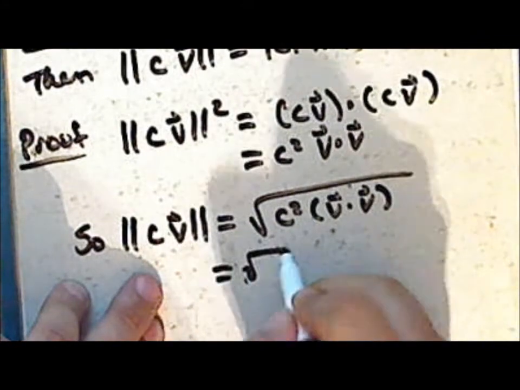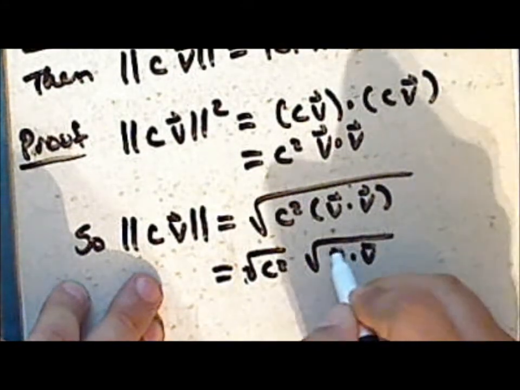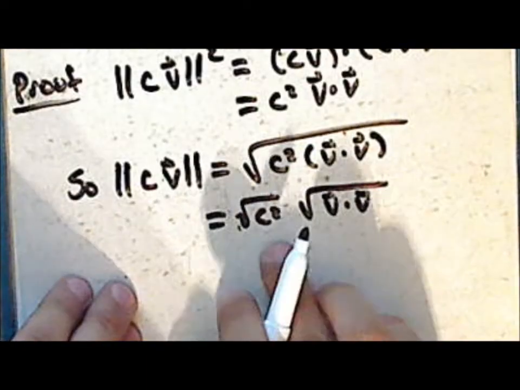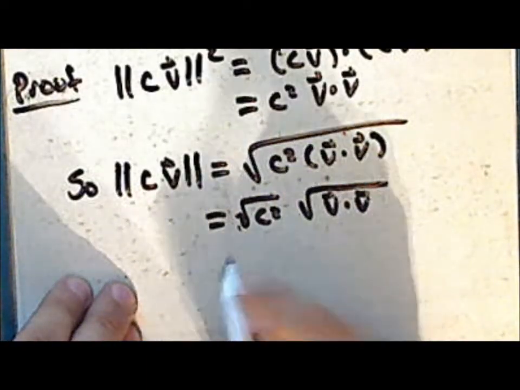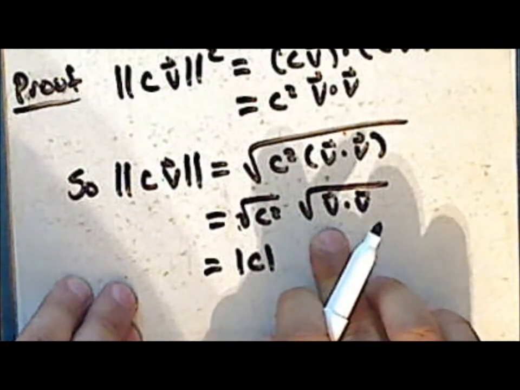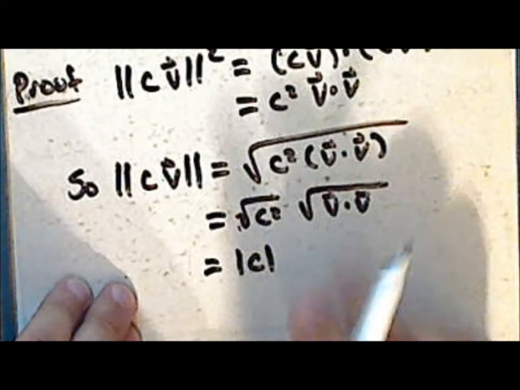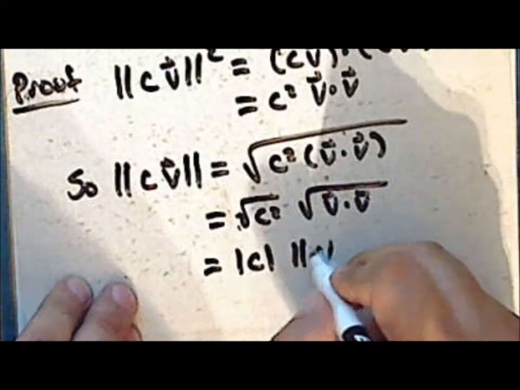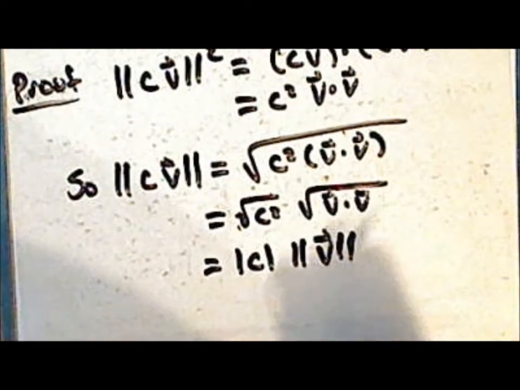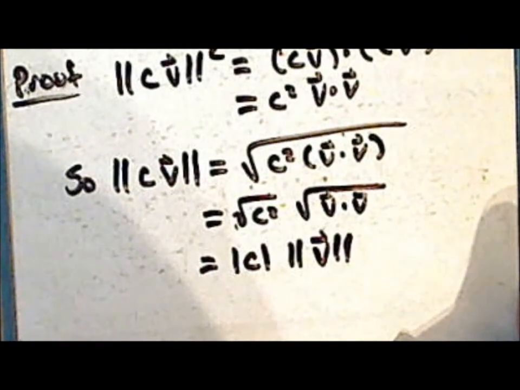This is the square root of c squared times the square root of v dot v. The square root of the square of a number is the same as the absolute value of the number, and the square root of the dot product of the vector v with itself is the norm of the vector v. So the norm of a scalar product of a vector is the absolute value of the scalar times the norm of the vector.